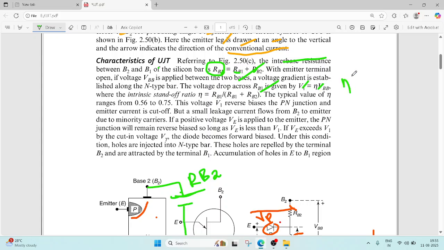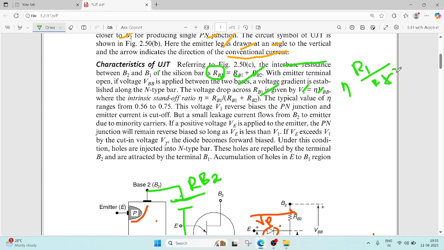Eta is equal to RB1 divided by RB1 plus RB2, right? The eta value is typically 0.5, 0.56 to 0.75.